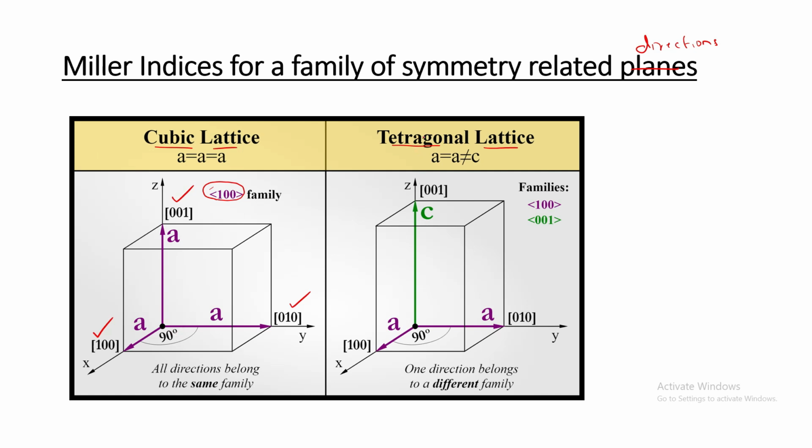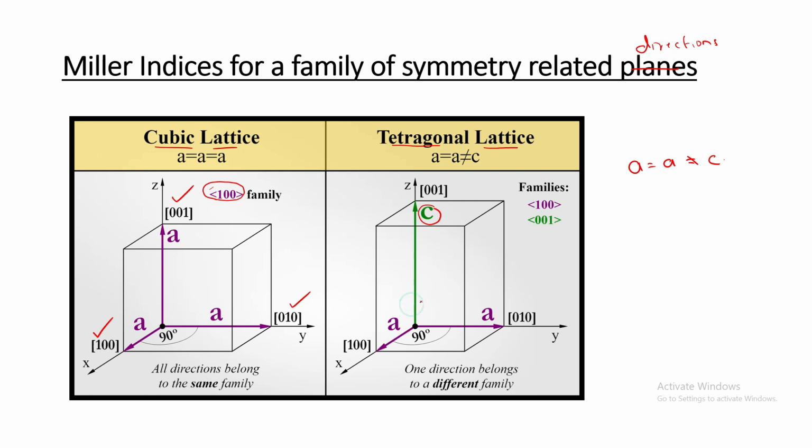Now, if you take a tetragonal lattice, you can see that the x-axis and y-axis lattice parameters are equal, but in the z-axis, this C is different. That means A is equal to A is not equal to C. So if you rotate this z-axis here in the x direction, then the crystal will change.